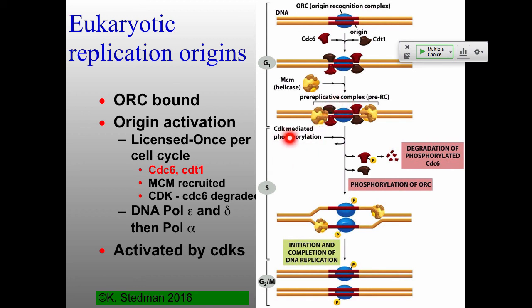What's doing this phosphorylation? It's cyclin-dependent kinase. So how is the cell cycle driven? It's driven through phosphorylation, and that phosphorylation is due to these cyclin-dependent kinases. Cyclin-dependent kinases will only recognize this initiation complex if you have Cdc6 and Cdt1, and then that puts the helicase together.